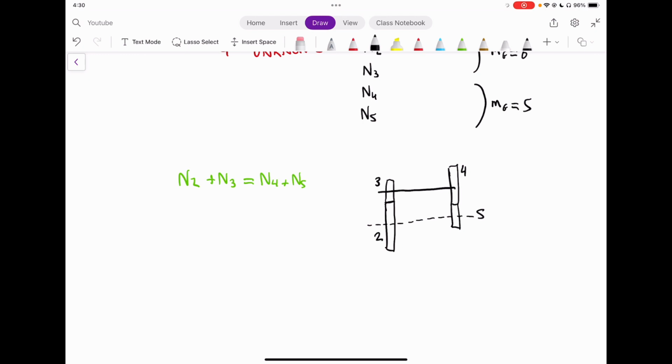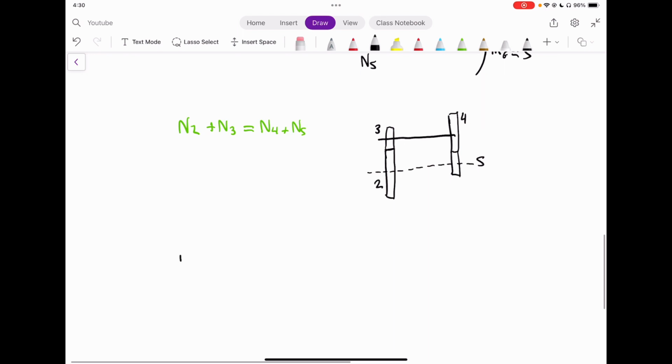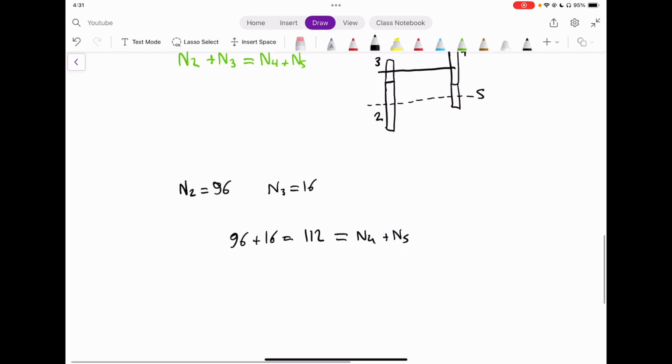Now, if we test out our previous design, which had N2 equal to 96 and N3 equal to 16, 96 plus 16 would be equal to 112, and that would not be equal to N4 plus N5 if we had our previous design.